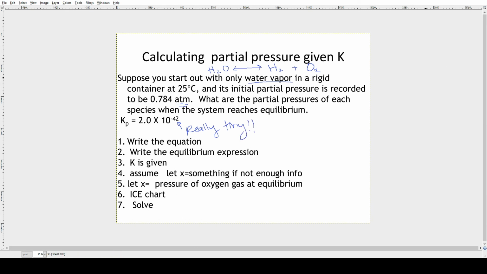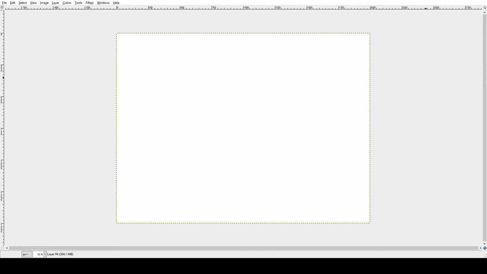So let's go over to our problem and see what's going to happen. Write out your formula up at the top. It did say it's water vapor, so it's okay to include. I do want this to be balanced, so let's see, I need 2 of those and 2 of those.